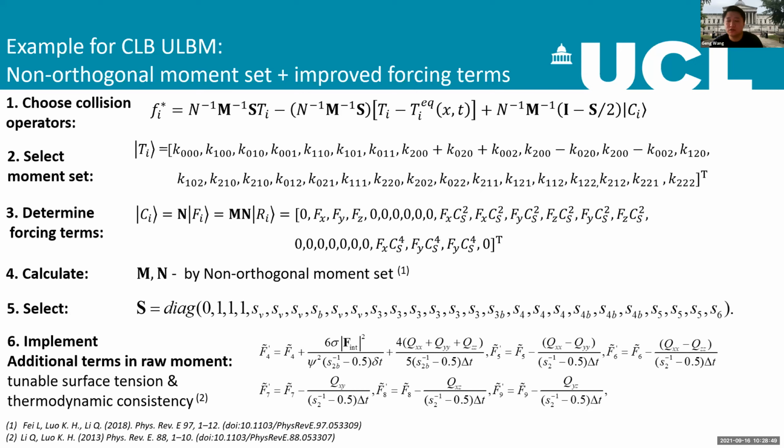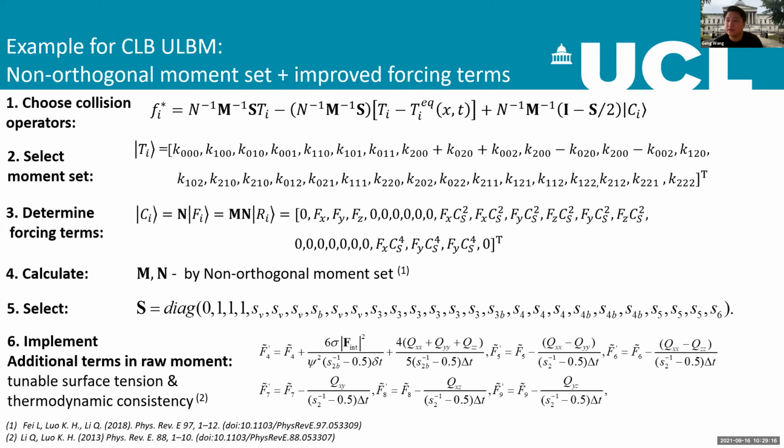Thirdly, determine your forcing terms. For example, here we use these central moment-based forcing terms. Then calculate the transformation matrix M and the shift matrix N. The details for the calculation of these two matrices can be found in previous work in PRE 2018.